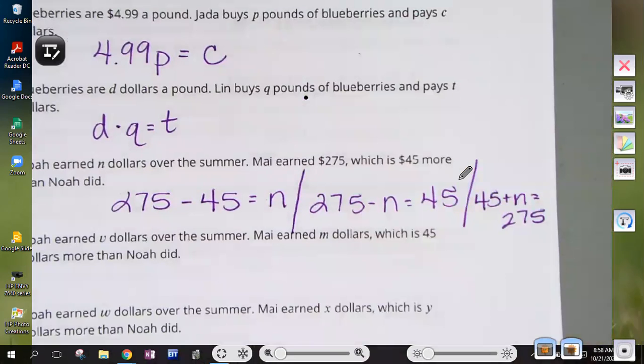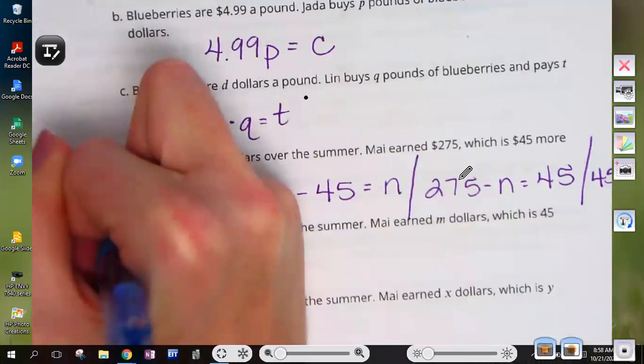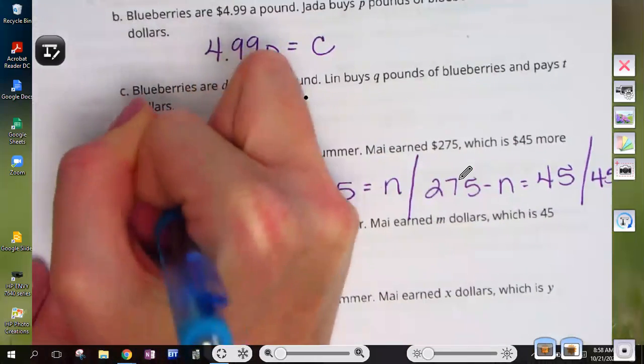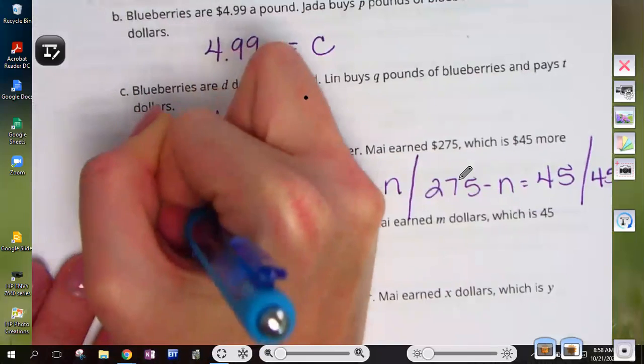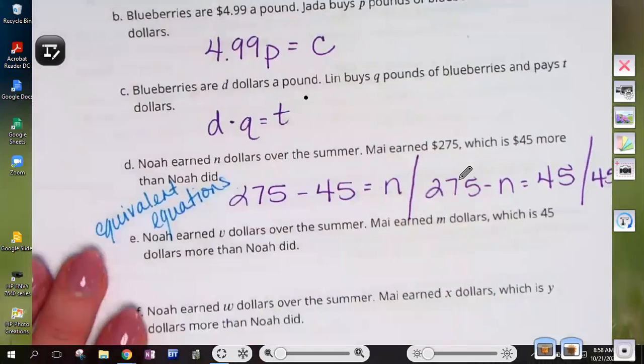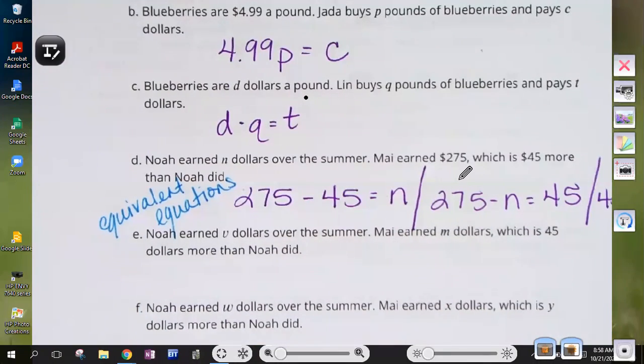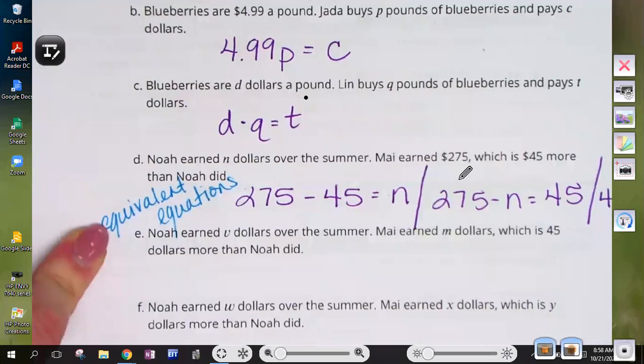Okay, so what I want you to understand in this situation is that these are called, write this down, equivalent equations. Equivalent equations. The word equivalent means that it has the same value, but it looks different.